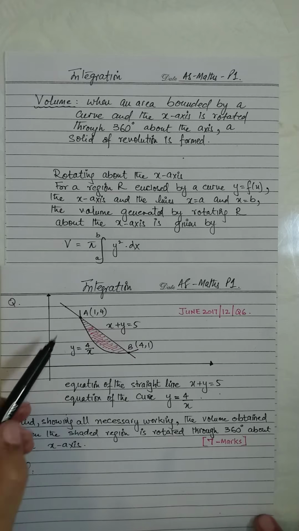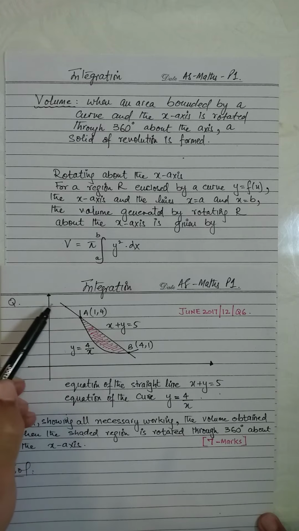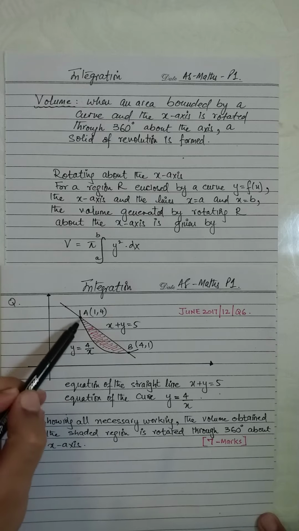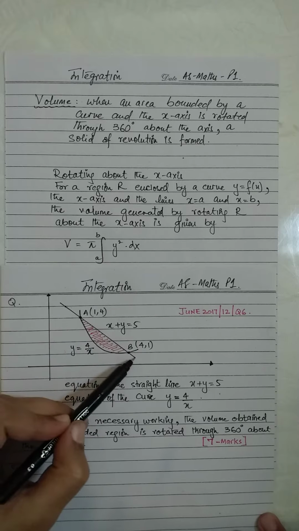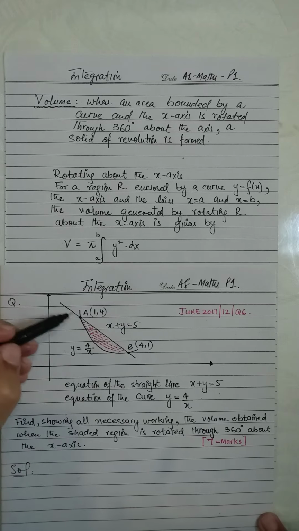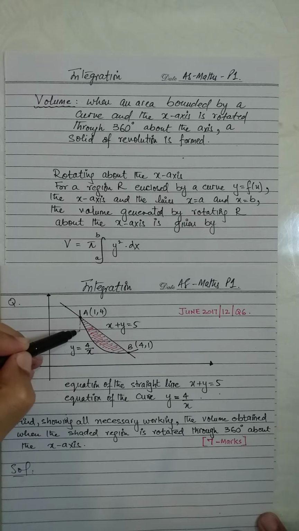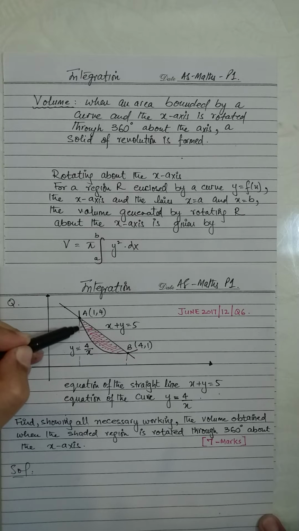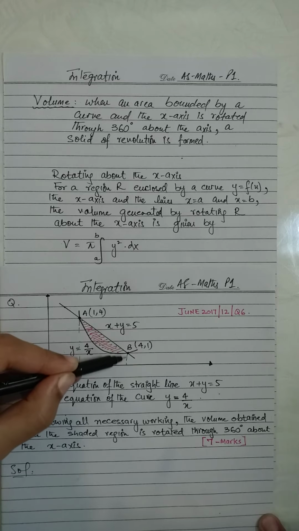So what is our curve over here, the line over here? We always take the line which is above. So this line is above the curve, so that will be subtracted, because if we integrate this line, we will get the whole area under the line, right?